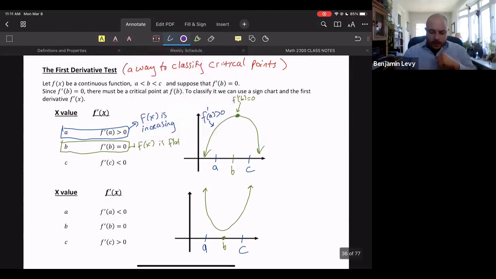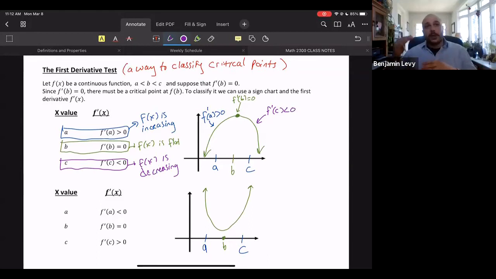Let's get a third color on that one, right? This part right here, this C, the derivative being negative there is telling us that the function is decreasing, right? So it corresponds to the right part of the graph. And we're not talking about any values here, right? We don't have any numbers for A, B, and C. I'm not talking about whether it's positive 10 or positive 100.